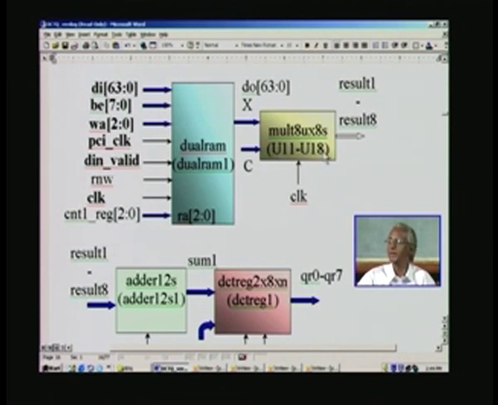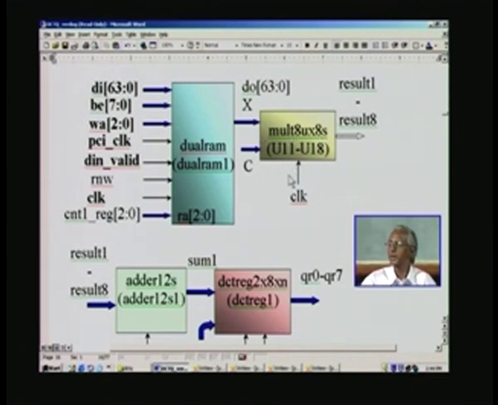So, that is what is here, and we have seen the multiplier design also earlier, precisely the same multiplier. Therefore, this also will not be covered here, and you remember its first input is unsigned. We mentioned before this X, which is the image, is unsigned, whereas C is the cosine. So, naturally it calls for a signed number, and that is the reason why we are using an 8U into 8S multiplier.